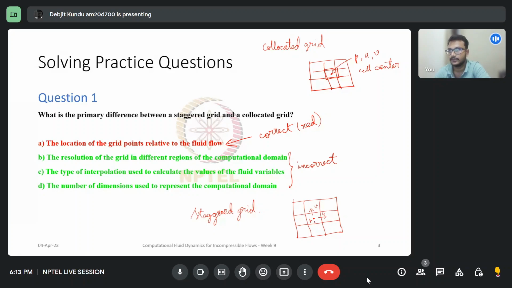So all the v values are stored here and all the u values are stored here in the cell faces, and in the cell center, p is stored.